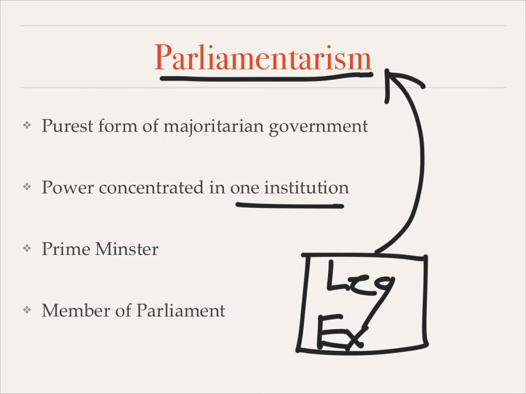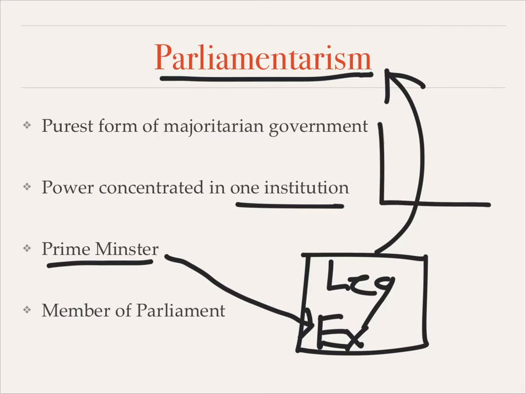And so the executive power is what we call a prime minister, and that executive is part of the legislature. So in a parliamentary system, the prime among equals, the prime minister, is a member of parliament. So the legislature includes the executive.